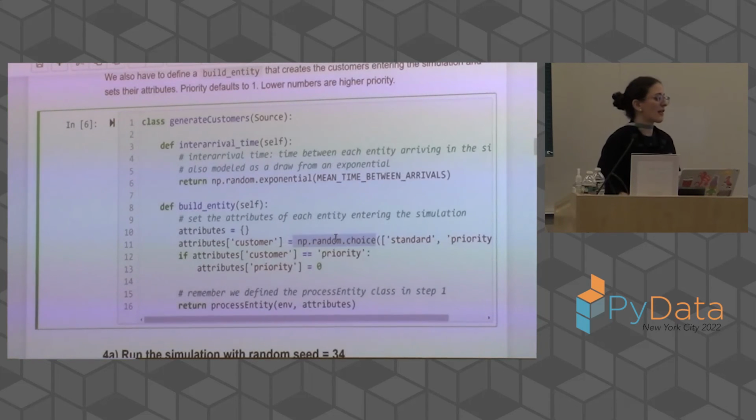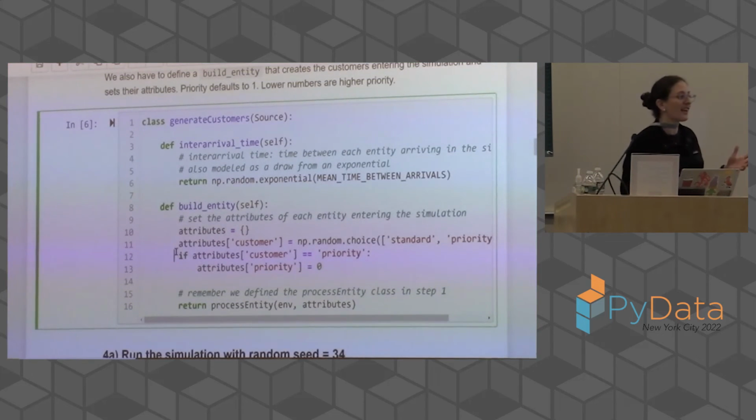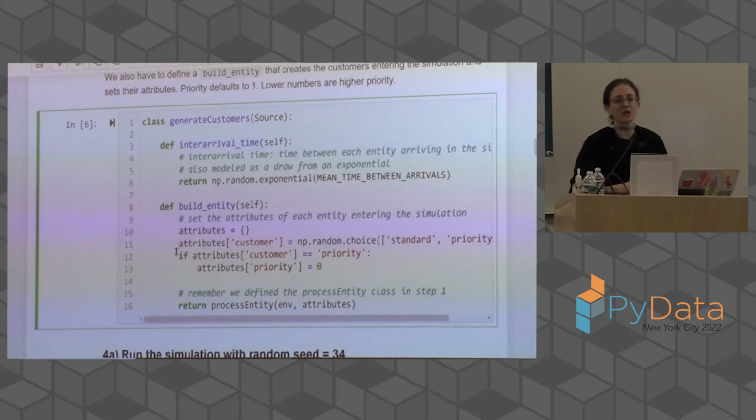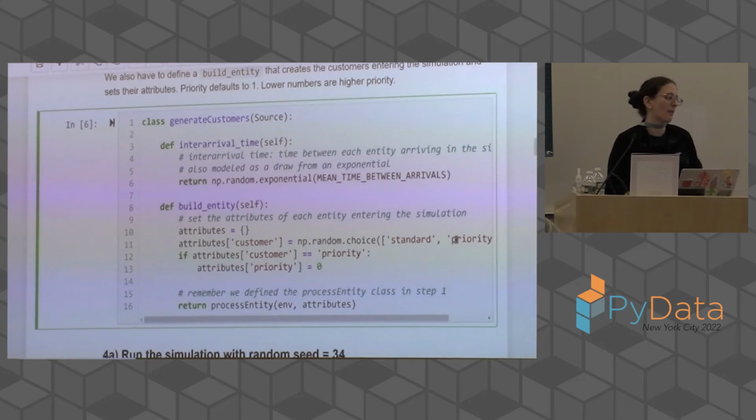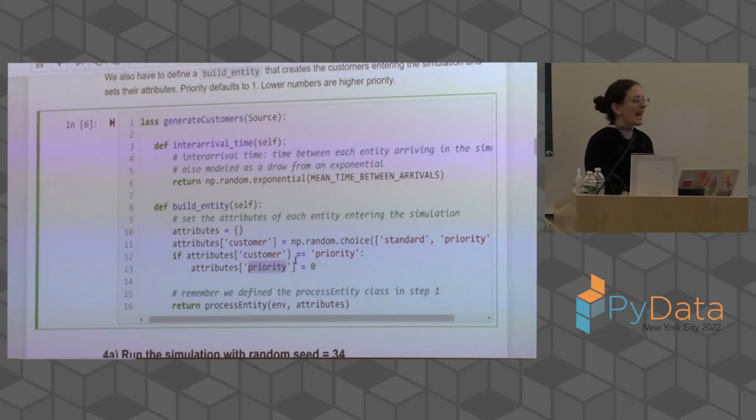And the reason this matters is that, remember I told you that within these types of queuing theory models, we had the priority queue. And so we define the priority of our entities entering the simulation. In here we say if the customer equals a priority type, and this comes from either standard or priority, then I set the attribute priority to 0.